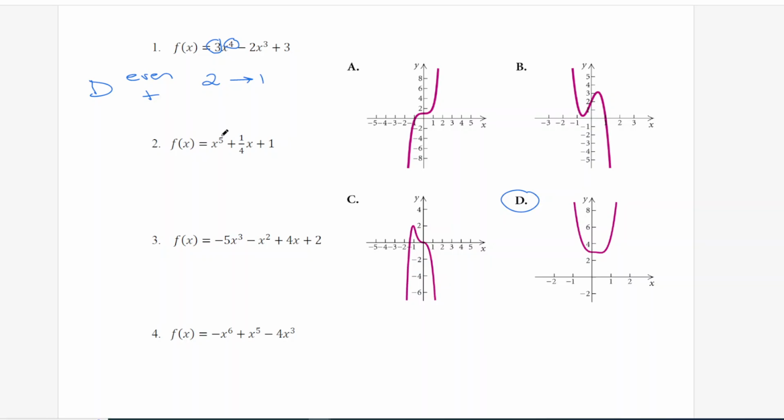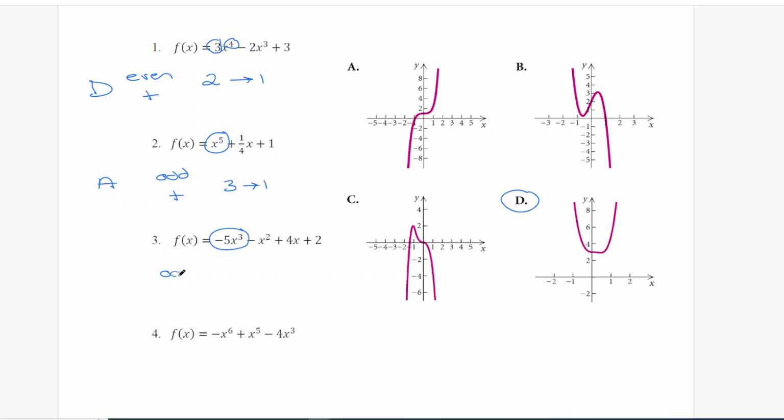All right, pause the video, try these next 3, or keep watching and then pause when you're ready. So if I look at this one, this is my leading term. It has an odd degree with a positive leading coefficient, which means it's going to start in quadrant 3 and end in quadrant 1, just like a y equals x graph or a y equals x cubed graph. So the only graph that matches to that is A. This next one, here's my leading term.